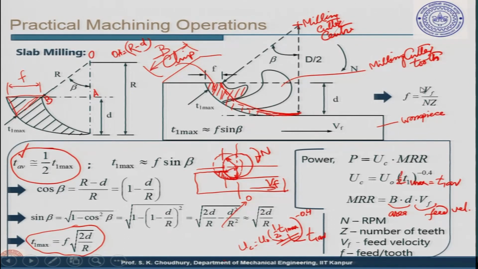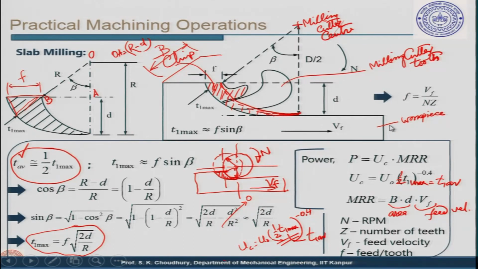Depending on the number of teeth, you will have the feed, and the feed is given as the feed velocity divided by n into Z. This RPM is the milling cutter RPM, and Z is the number of teeth. So, feed is Vf divided by nZ. This is how the milling cutter feed is given. This is the feed per tooth.